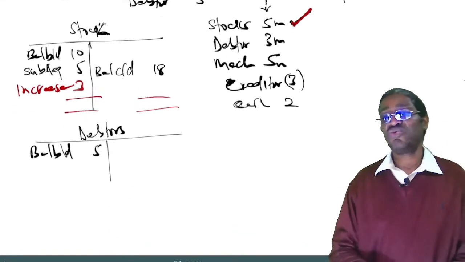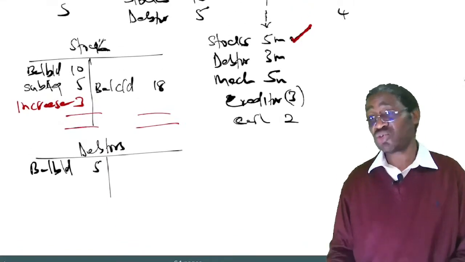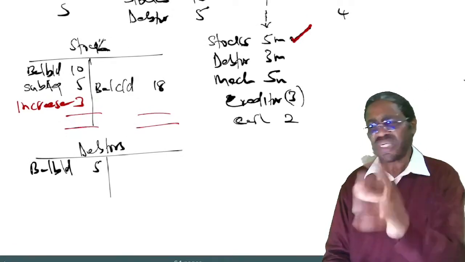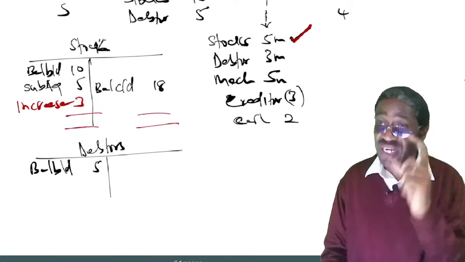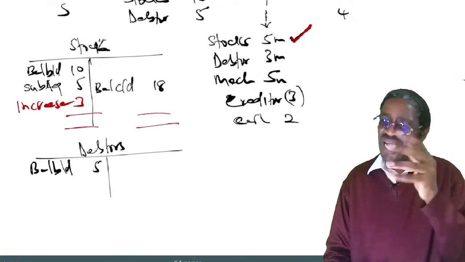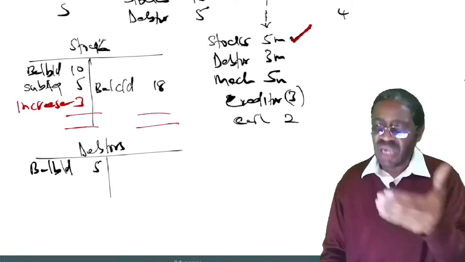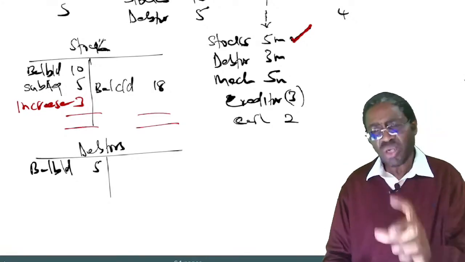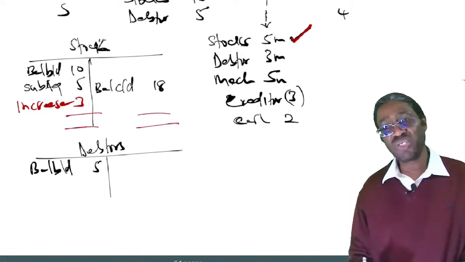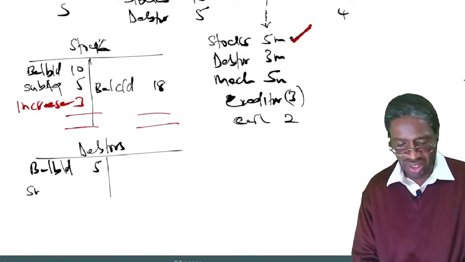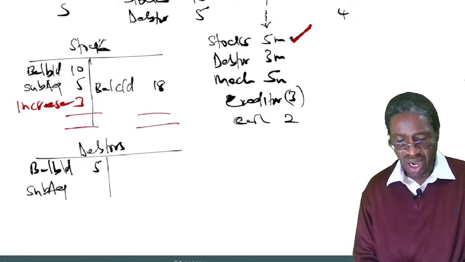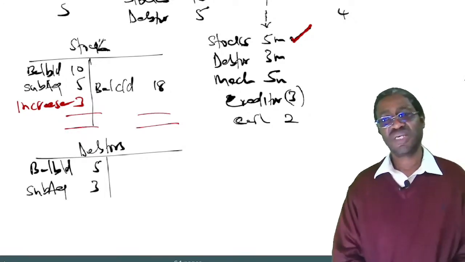Then you go and find out from the additional information, what is it that happened? We acquired a subsidiary during the year. That subsidiary again came into the group with its own bunch of debtors amounting to 3 million. We come and increase, and we say your subsidiary acquired 3 million.